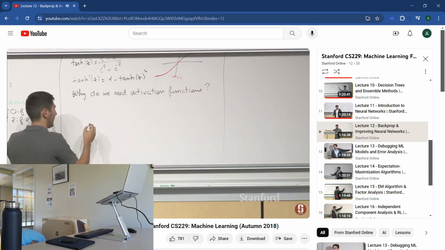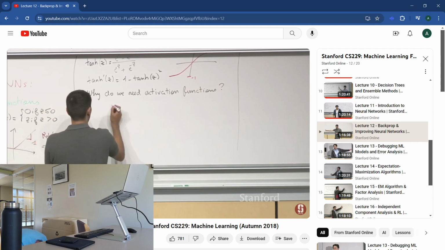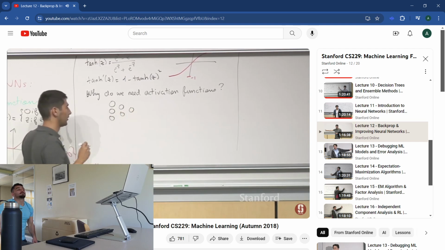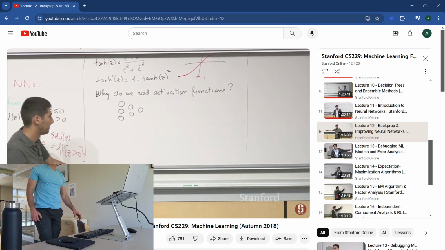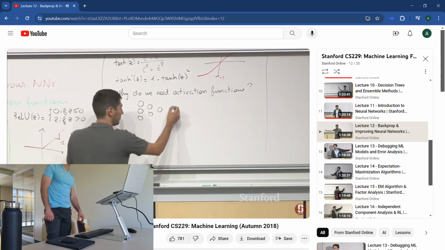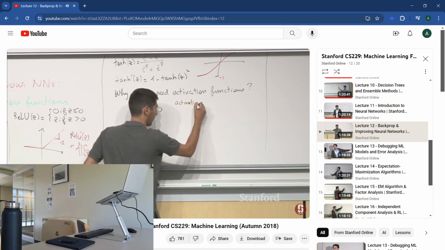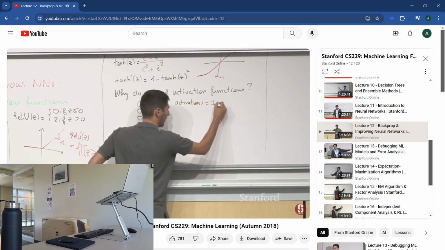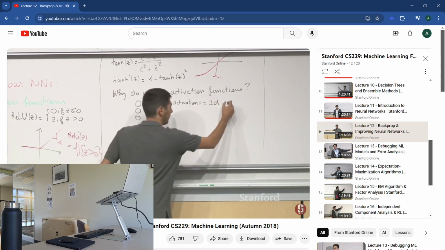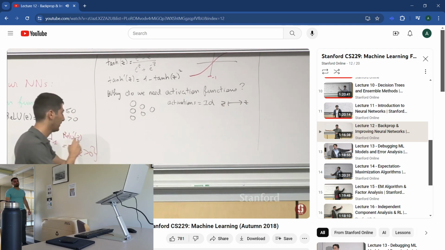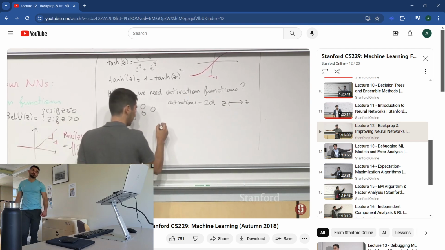So let's assume that we have a network which is the same as before. Our network is 3 neurons casting into 2 neurons, casting into 1 neuron. And we're trying to use activations that are equal to identity functions. So it means Z is given to Z. Let's try to derive the forward propagation.